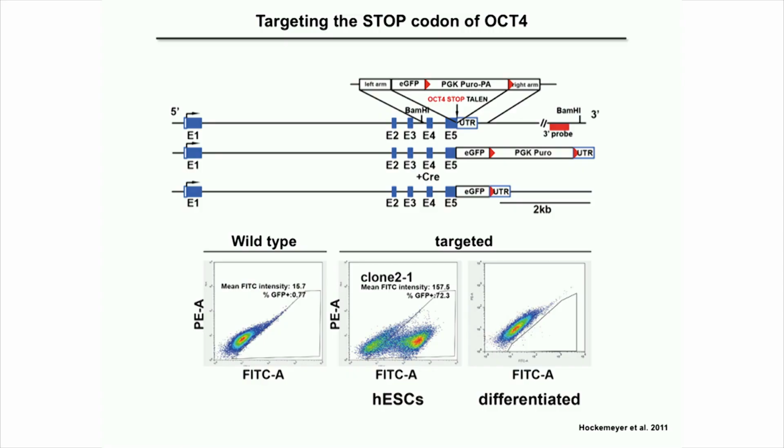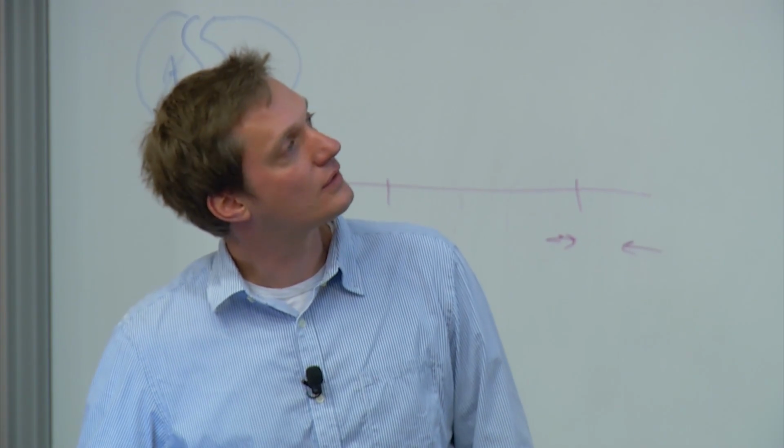So there is a population of mouse embryonic fibroblasts that are not OCT4 positive. But if you take these OCT4 positive human ES cells that are targeted in this way and differentiate them into fibroblasts, you lose this OCT4 expression. And it has been used for then looking at the transcriptional regulation of OCT4.